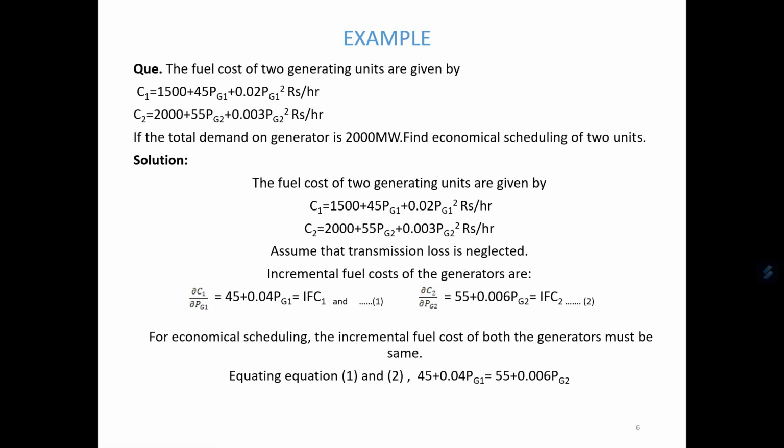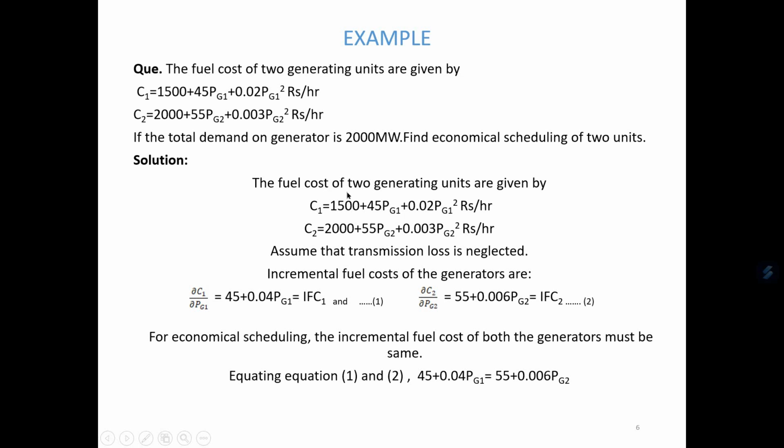Then, the total demand on the generators is 2000 megawatt. That means PD = 2000 megawatt. Find the economical scheduling of the 2 units. Here, unit is nothing but generator. Now we have the idea about the condition for economical load dispatch neglecting the transmission losses.